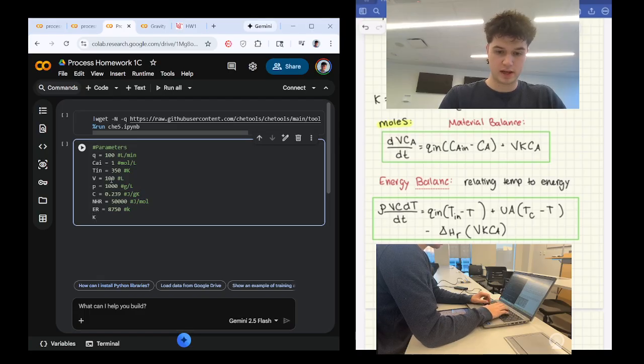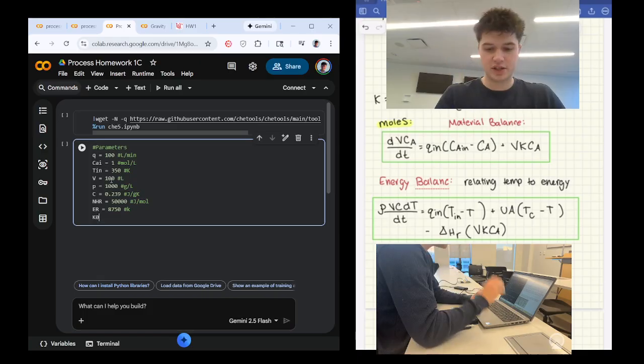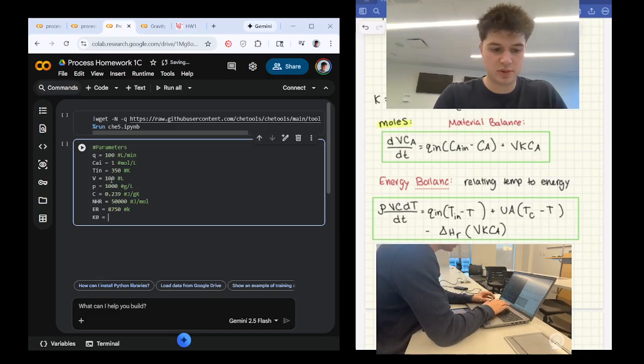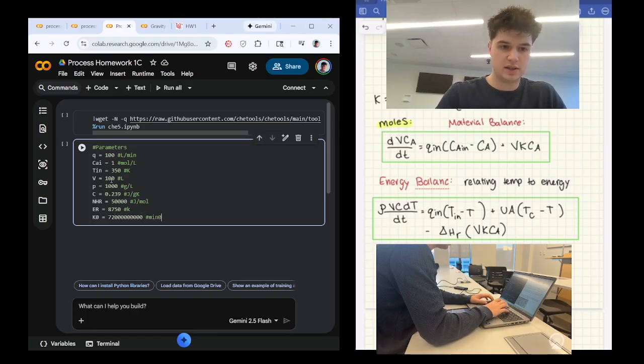Now, our K naught, which we referenced before, is in the equation along with K and all of E and R and T. That is going to be equal to, that's a lot of numbers, let's make sure I get this right, 72 along with 9 zeros, and that is in inverse minutes.